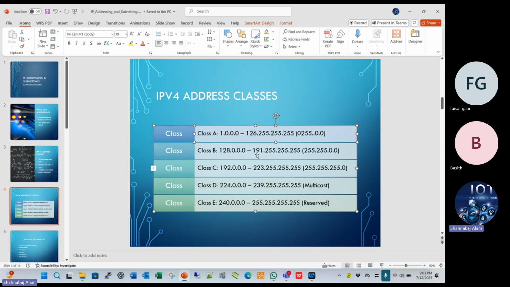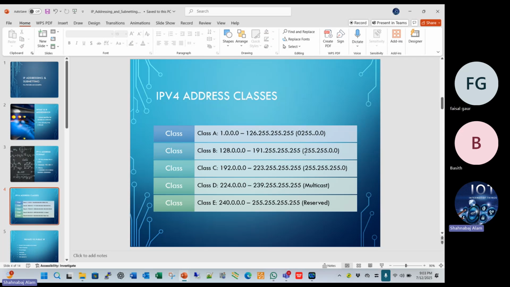If you assign class B, the default subnet mask is 255.255.0.0. And for class C, it is 255.255.255.0.